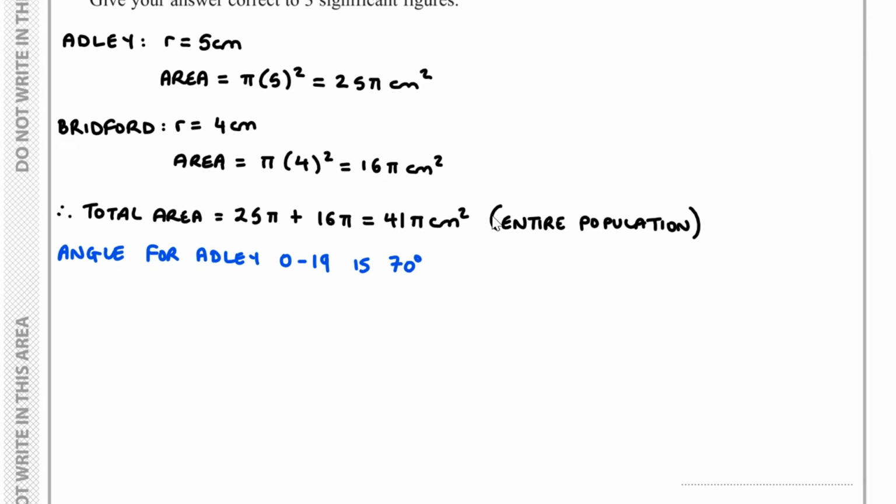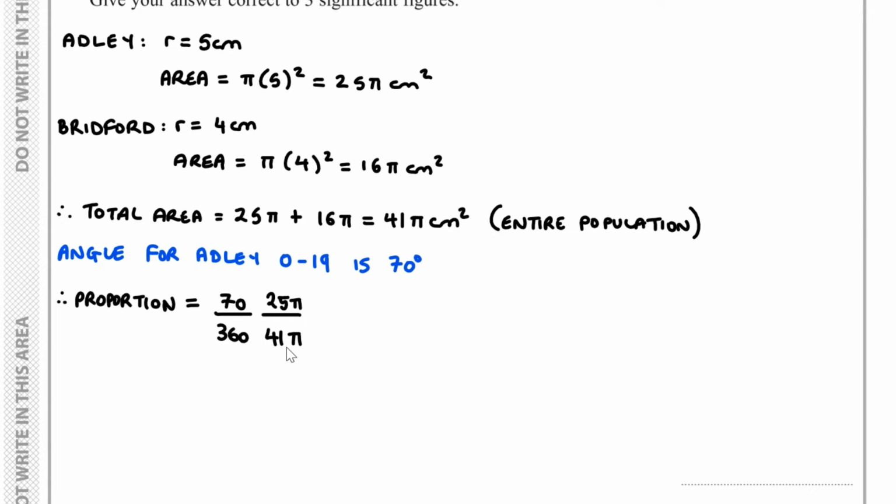So therefore, for the proportion, we've got 70 over 360 multiplied by the total area, which is 41 pi, and of those who are in Atley, that will be 25 pi.